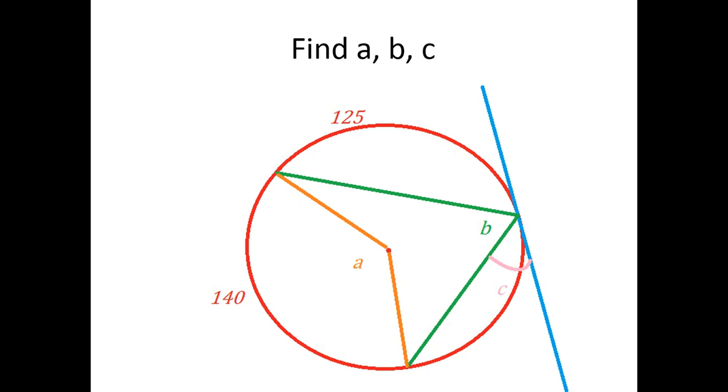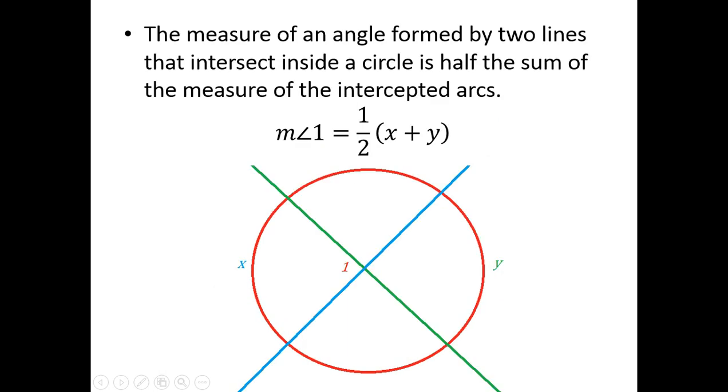So that arc would be 95, and then that angle would be half that measure, so it ends up being about 47.5 degrees. Okay, so that's one way of doing it. Another way of doing C is to find this measure, and then find this measure, and then subtract out 180. So there's a few different ways of doing it.